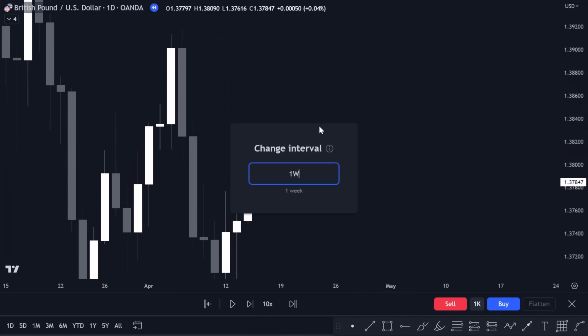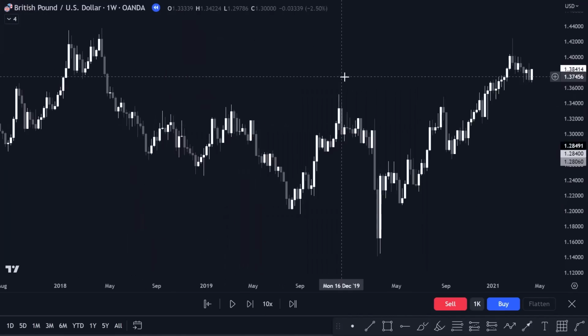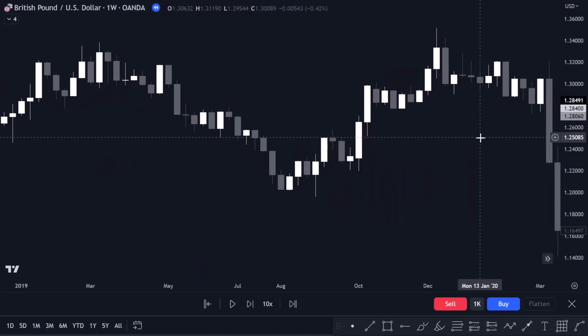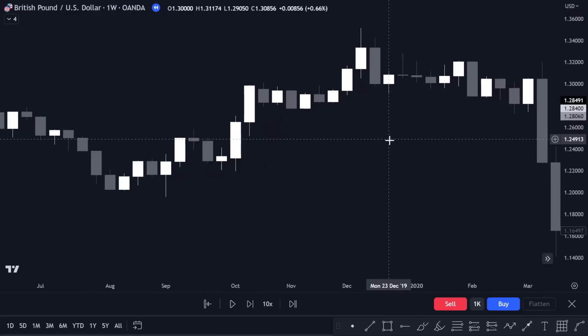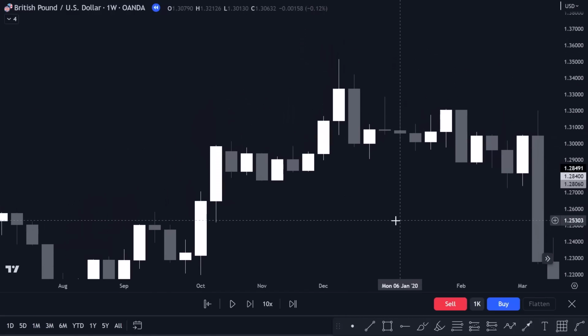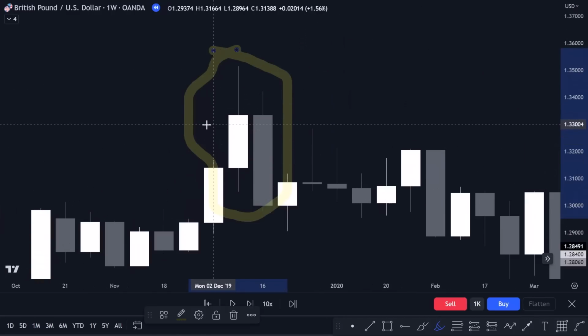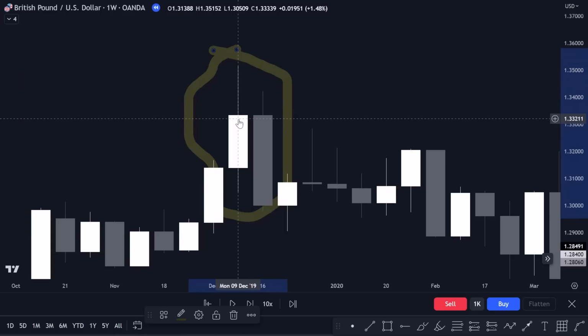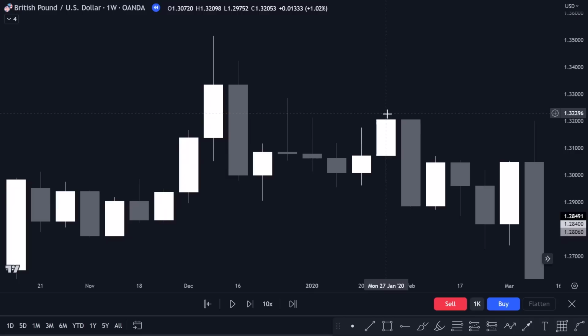Also, when you're looking at your weekly candle, and you're already on Friday or almost late Thursday, you don't want your candle to look like this, because we can already see the retracement happening. However, you really want it to look like this.